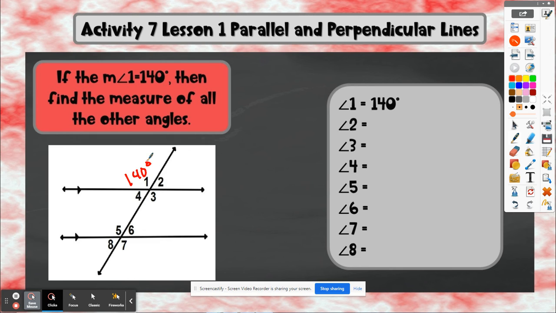We haven't talked about it today, but we've talked about it in recent notes. Angle 1 and 3 are what type of angles if they form an X? Vertical angles. And vertical angles are congruent. So if angle 1 is 140, angle 3 has to be 140.